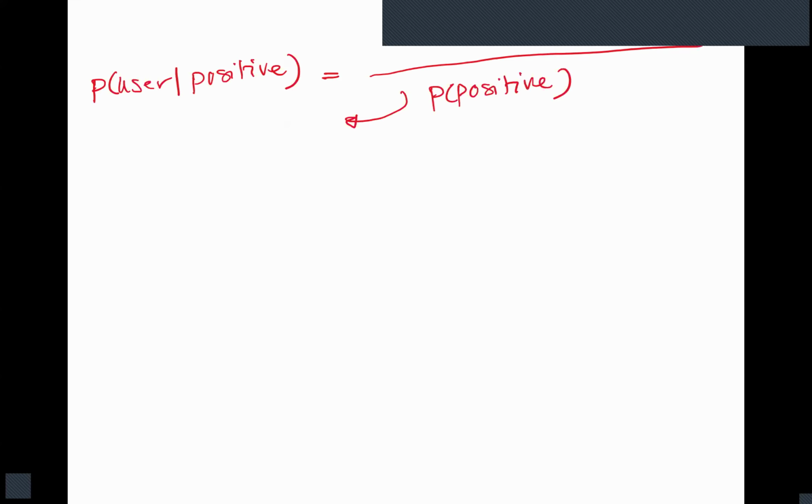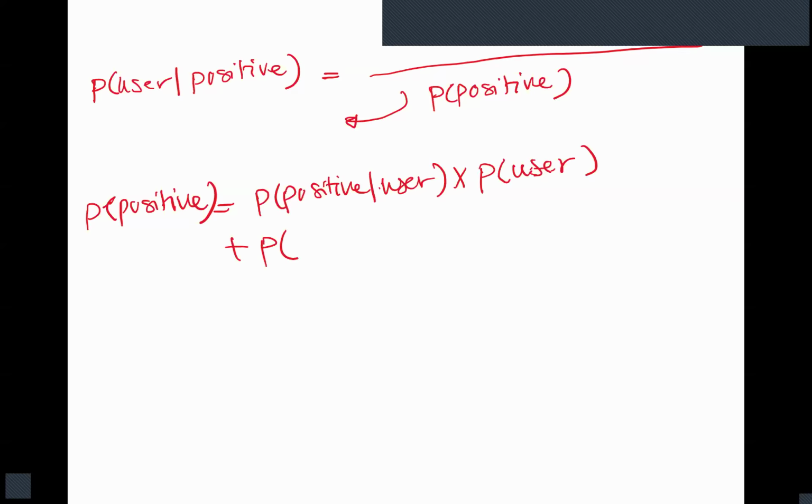To find the probability of positive, I look at positive given it's a user times probability of user, plus positive given it's clean times probability of clean.